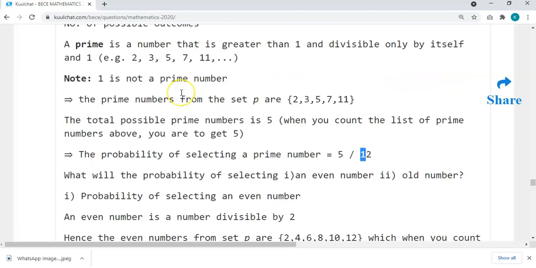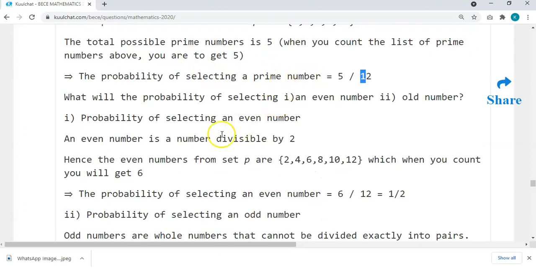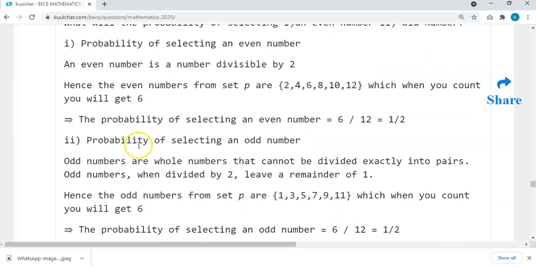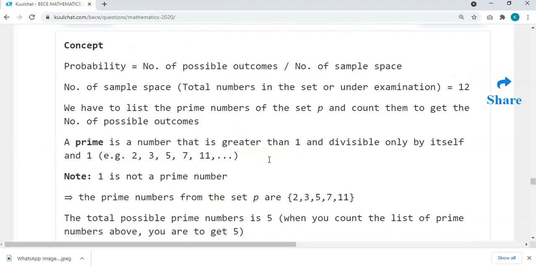Okay, this is just an example. So the probability of selecting an even number, that's the question. This is an extra note if you are selecting an even number from the list.